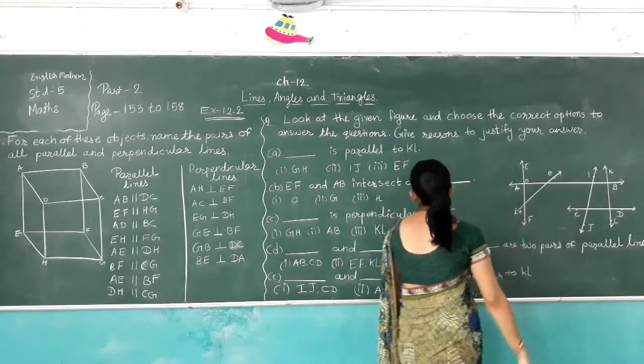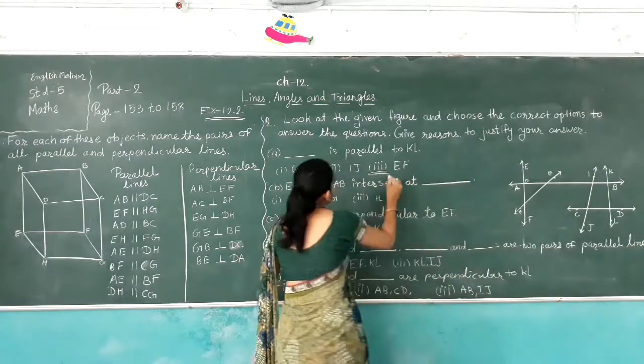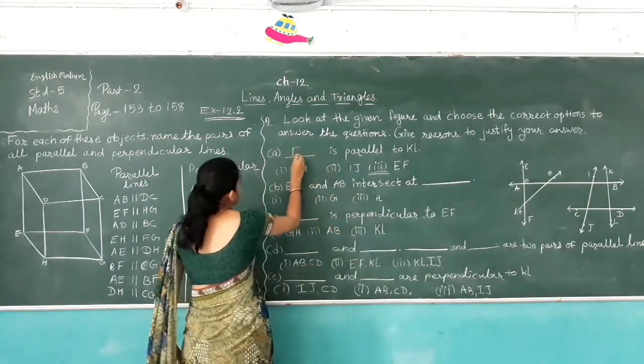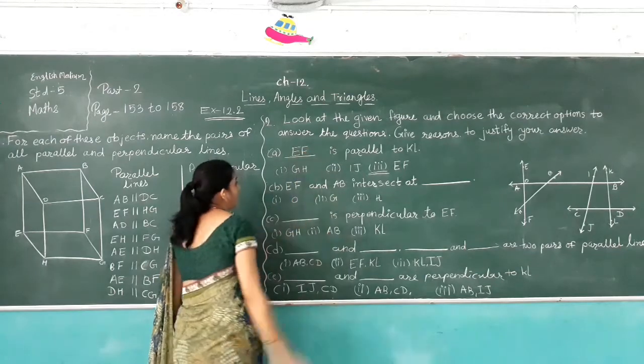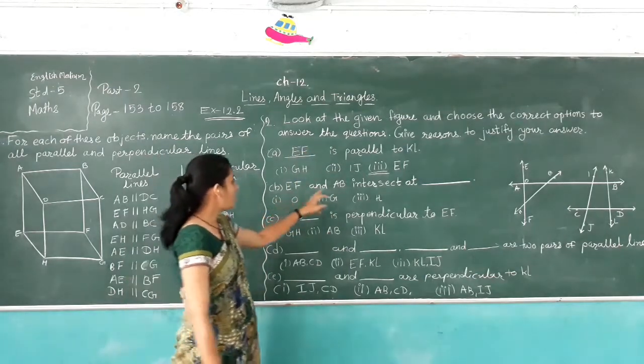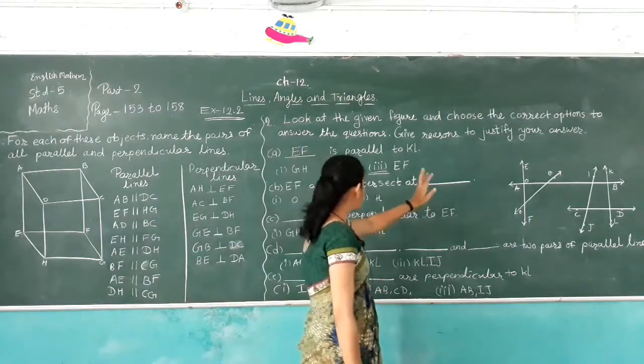KL is parallel to EF. EF and AB intersect at blank.